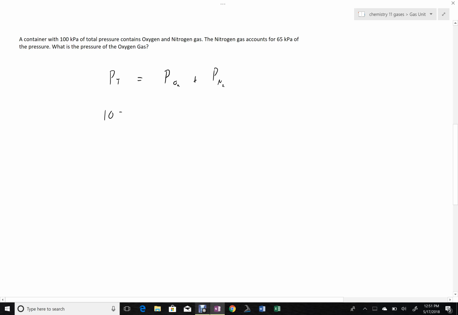So 100 kilopascals is the sum of the oxygen and the 65 kilopascals from the nitrogen. And so 35 kilopascals of that pressure must be coming from the oxygen gas.